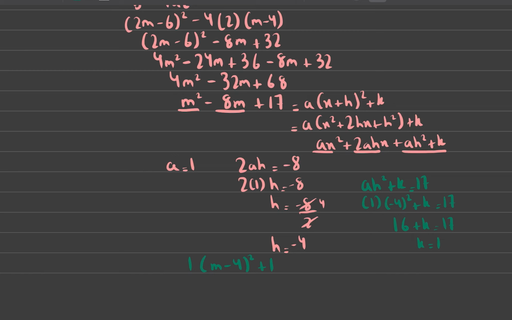Now I can clearly see that this is greater than 0. How can I see that? If you notice this, if you plug in any negative number in this, when you square it, it's going to become positive and then plus 1. So it's always going to be a positive number. That means it's going to be greater than 0. So here it's shown.